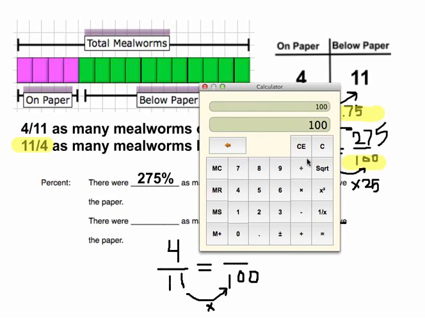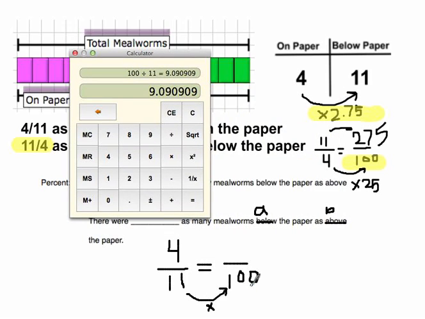So 100 divided by 11 is 9.09. So that's what we need. We need to multiply 11 times 9.09 to get it to a denominator of 100. Whatever we do to one side, we must do to the rest. Multiply that times 4. And that equals 36.36.